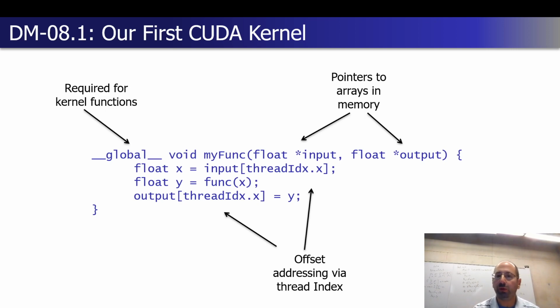The other things we saw were that generally, since all of this code is written in the kernel from a single thread's perspective, the most common type of input to that kernel would be just a series of pointers. Each thread would then have access to basically the same base address to some object in memory, and then they would do some internal bookkeeping to determine from this base address what subset of this object am I, the individual thread or group of threads, responsible for.